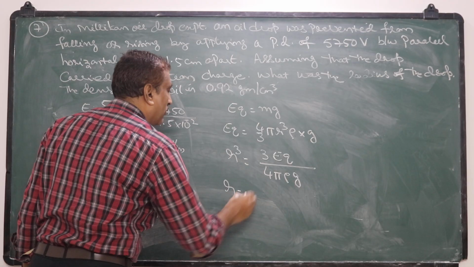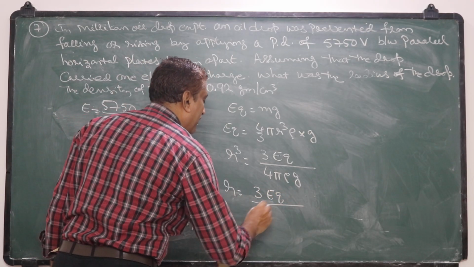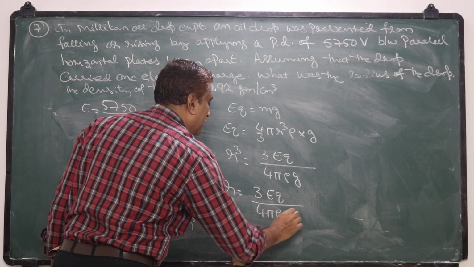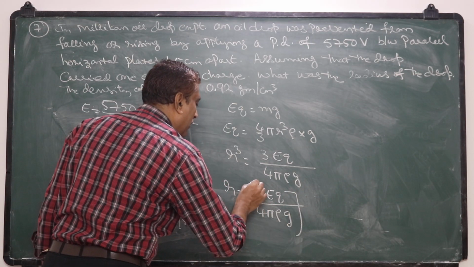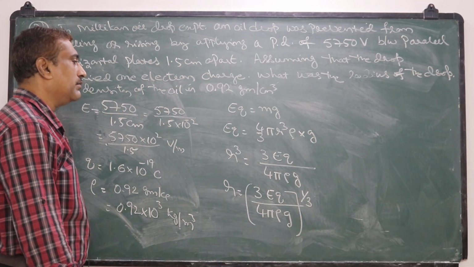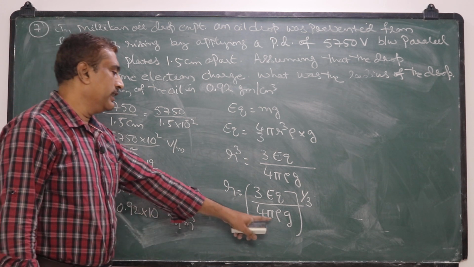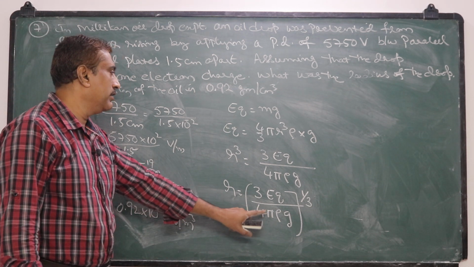Therefore r is equal to (3EQ by 4 pi rho g) whole power 1 by 3. By this relation we can calculate the radius of the drop.